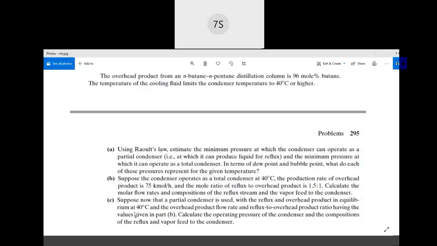For C, suppose now that a partial condenser is used with the reflux and overhead product in equilibrium at 40 degrees Celsius, and the overhead product flow rate and reflux to overhead product ratio having the values given in part B. Calculate the operating pressure of the condenser and the compositions of the reflux and vapor feed to the condenser.